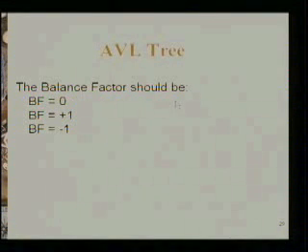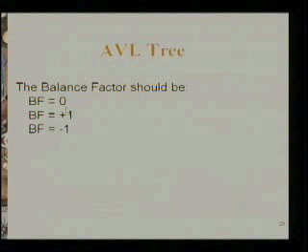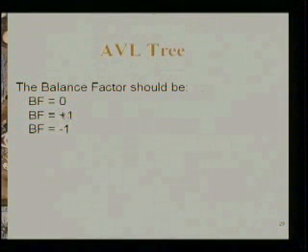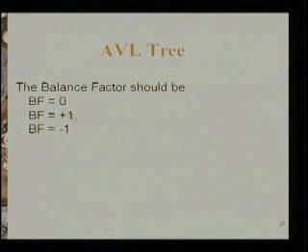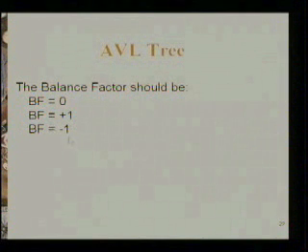Well, in an AVL tree, the balance factor which is recommended should be 0. That means the height of the left subtree is the same as the height of the right subtree, then only you will have 0. Plus 1, when the height of the left subtree is 1 more than the height of the right subtree. And finally minus 1, when the height of the left subtree is less by 1 than the height of the right subtree.